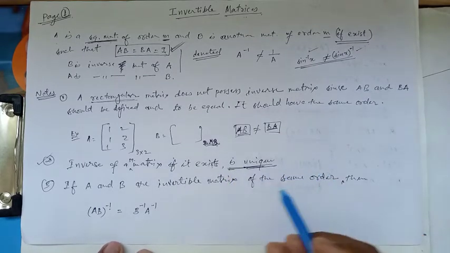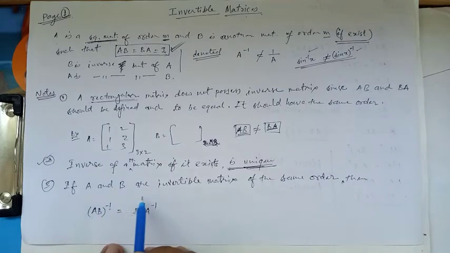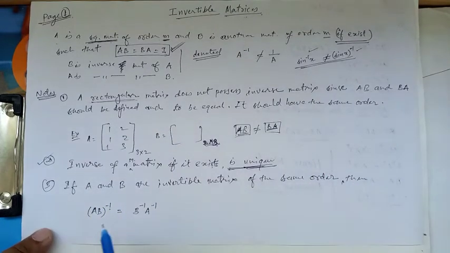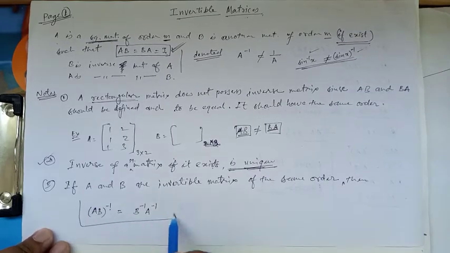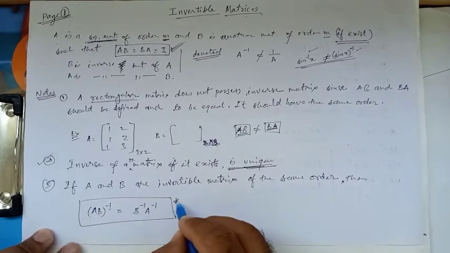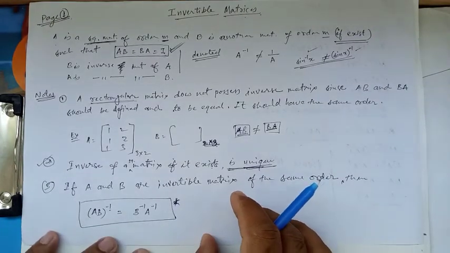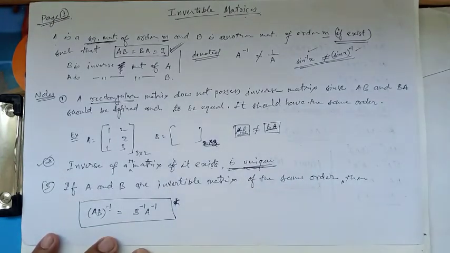And if A and B are invertible matrices of the same order, then this is also a very important property, an important point of inverse matrices.